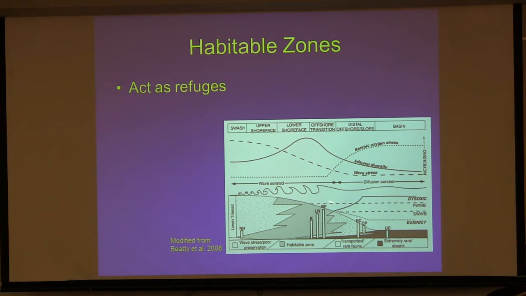So you had a small zone between the fair weather wave base and the storm weather wave base, where oxygen conditions made life possible, but were bounded by wave action, which would destroy any trace makers. And below storm weather wave base, the anoxic or euxinic conditions would stifle any trace makers.